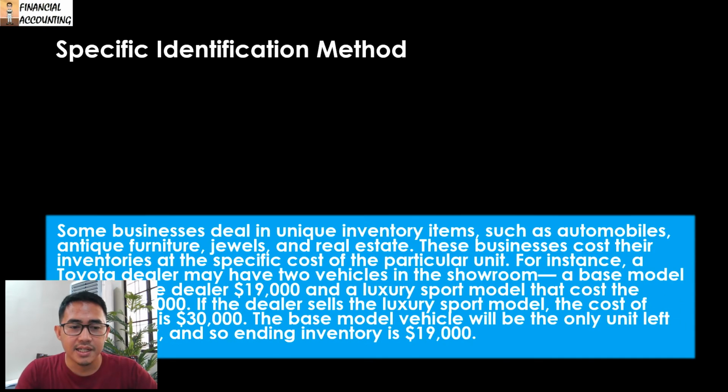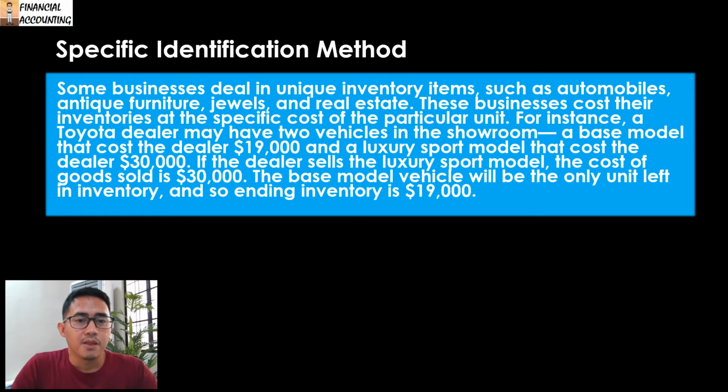Okay, specific identification method. Some businesses deal in unique inventory items such as automobiles, antique furniture, jewels, and real estate. These businesses cost their inventories at the specific cost of the particular unit.